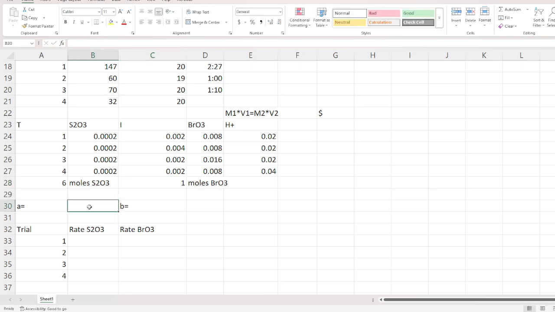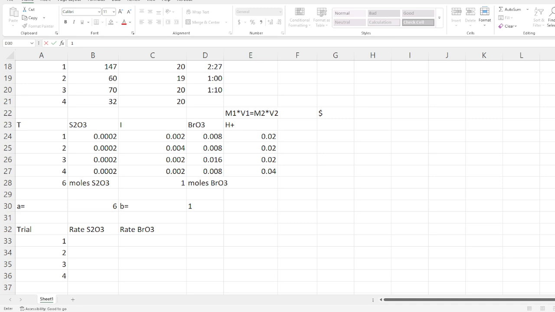So that means in the ratio, A is 6, I think B is 1. I could be wrong, I could have it flipped, but I'm pretty sure the idea is that the rate of thiosulfate consumption is 6 times faster than the rate of bromate consumption.